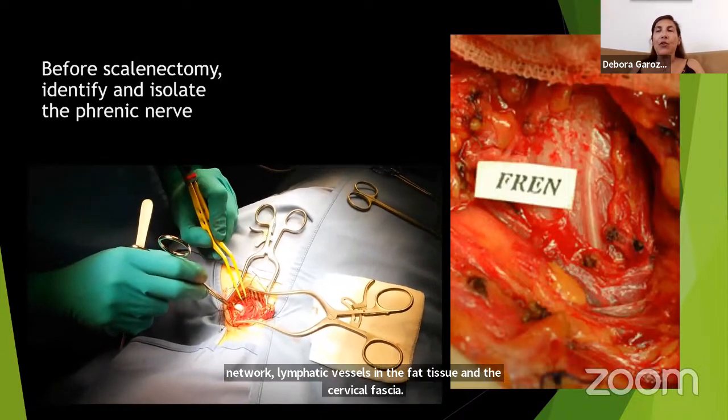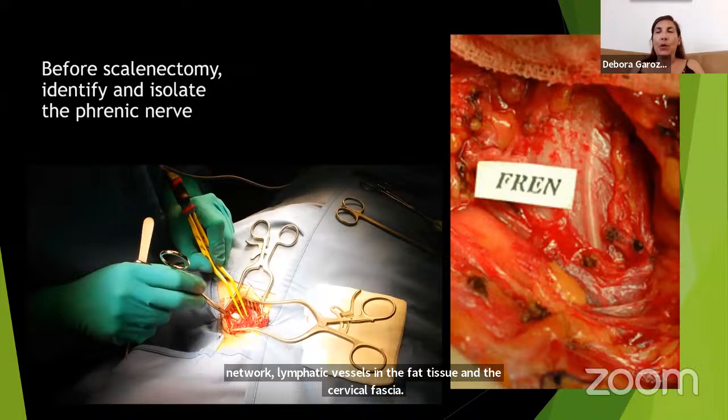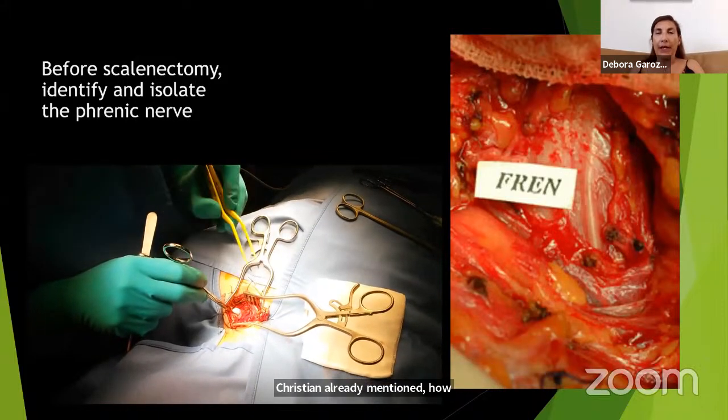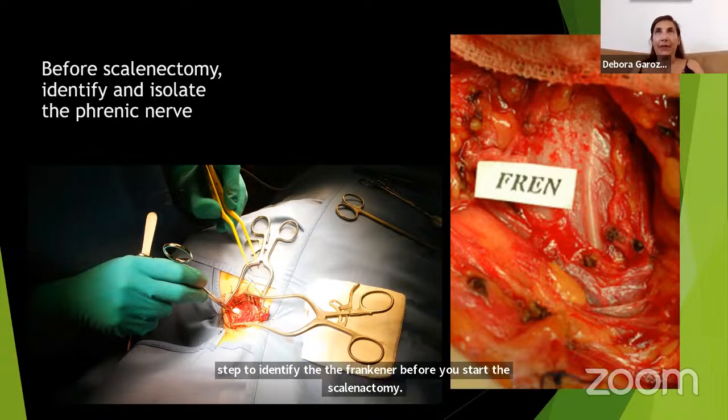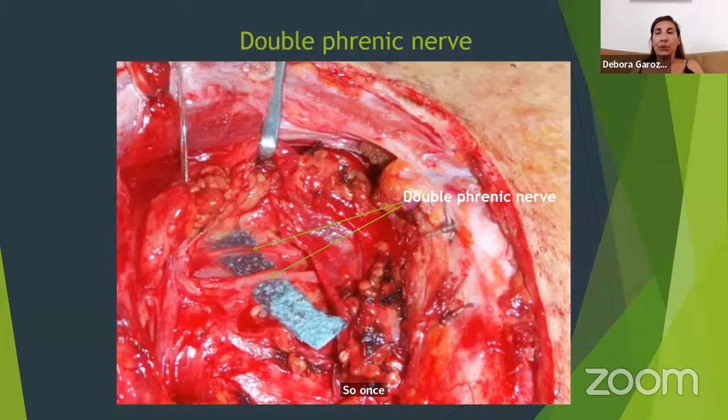Christian already mentioned how important it is to identify the phrenic nerve, and this is an essential step before you start the scalenectomy. Once you have identified your phrenic nerve, you also have to rule out a double phrenic nerve, which is present in 10% of patients.